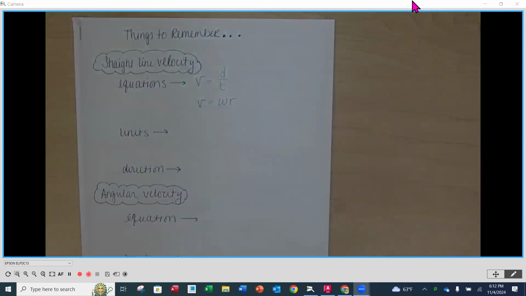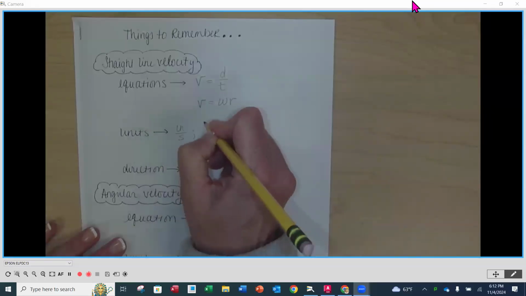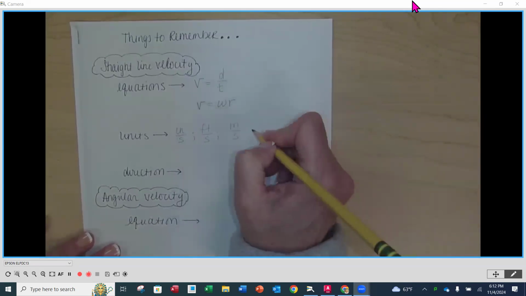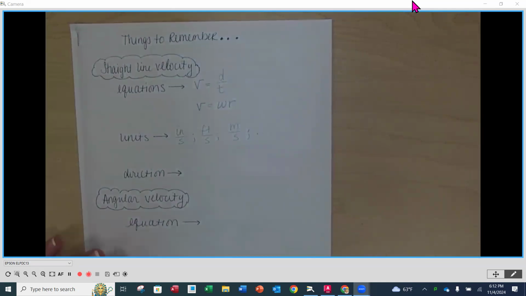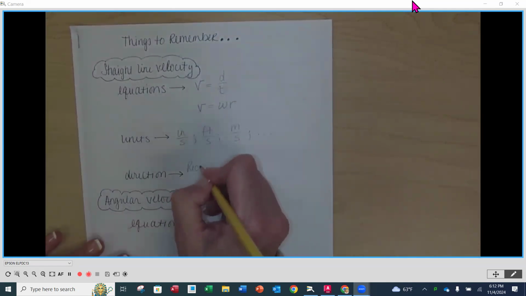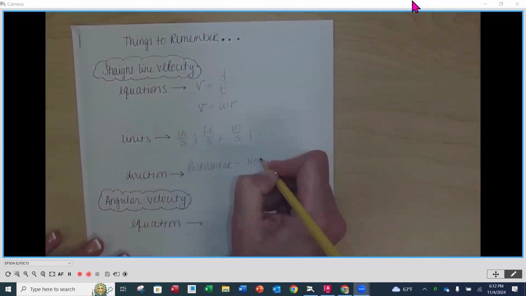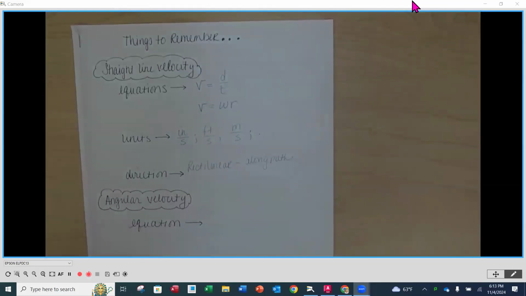Units. What are the units that we're expecting for velocity? Inches per second, feet per second, meters per second, and so on. Anything that is distance divided by time. Now, direction. When it's rectilinear, it's going to be along its path, which would be a straight line. So if it's horizontal, it'd be left or right.